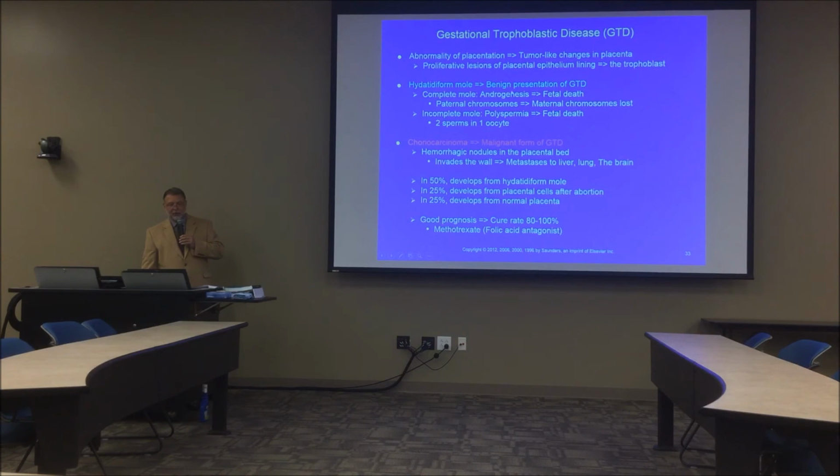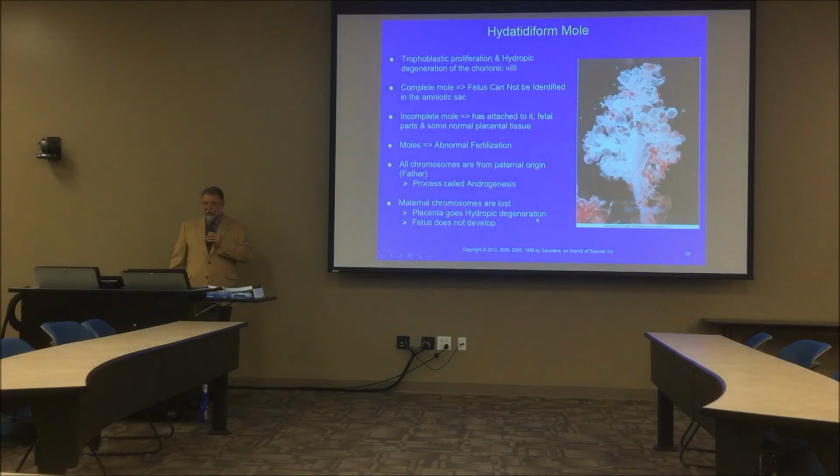So there's a benign presentation and a malignant presentation, and 50% develops from this mole. So of the benign presentation, 50% will develop into choriocarcinoma. Most of them have a good prognosis. Some antagonists of folic acid can be given. Cure could be from 80 to 100%.